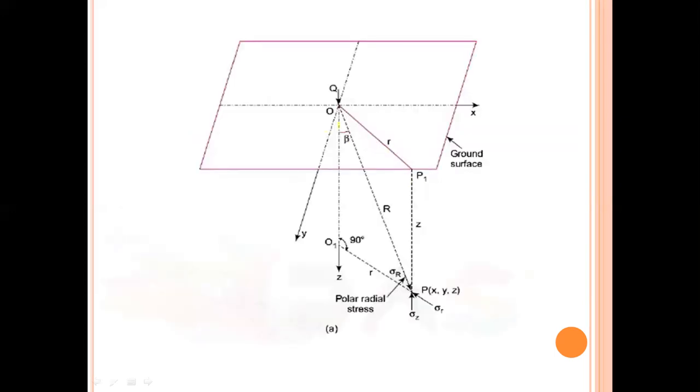So this is the ground surface plane. Here the load is Q acting vertically and the radius is R. Here the stresses sigma z and sigma R act in the plane. This sigma R is the polar radial stress at point P with coordinates x, y, z.